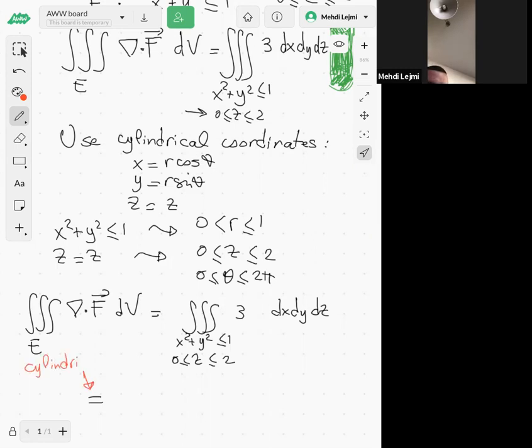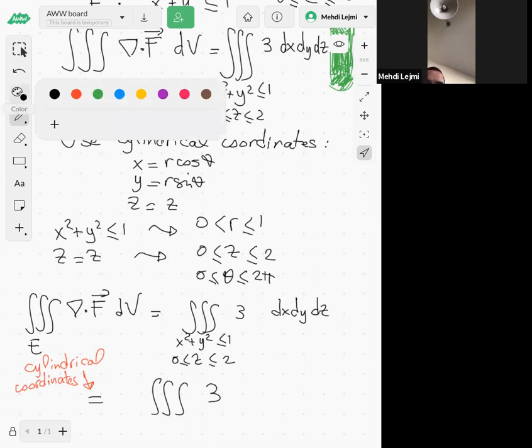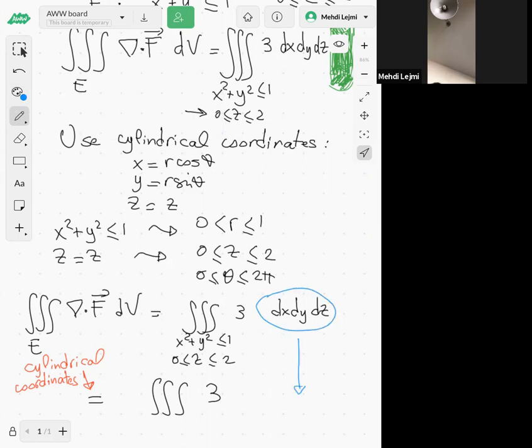We change the variables from dx dy dz to r dr d theta dz, and don't forget the Jacobian, because you're changing coordinates.